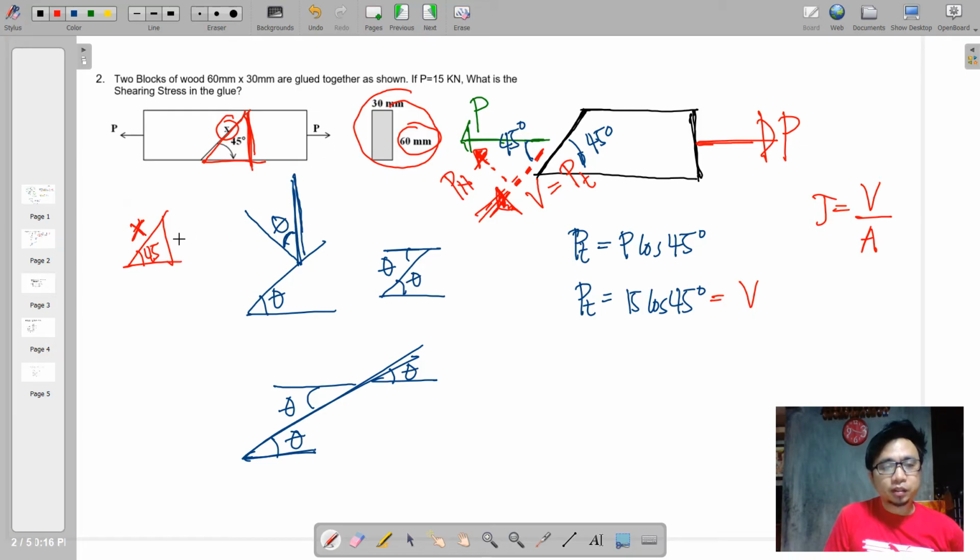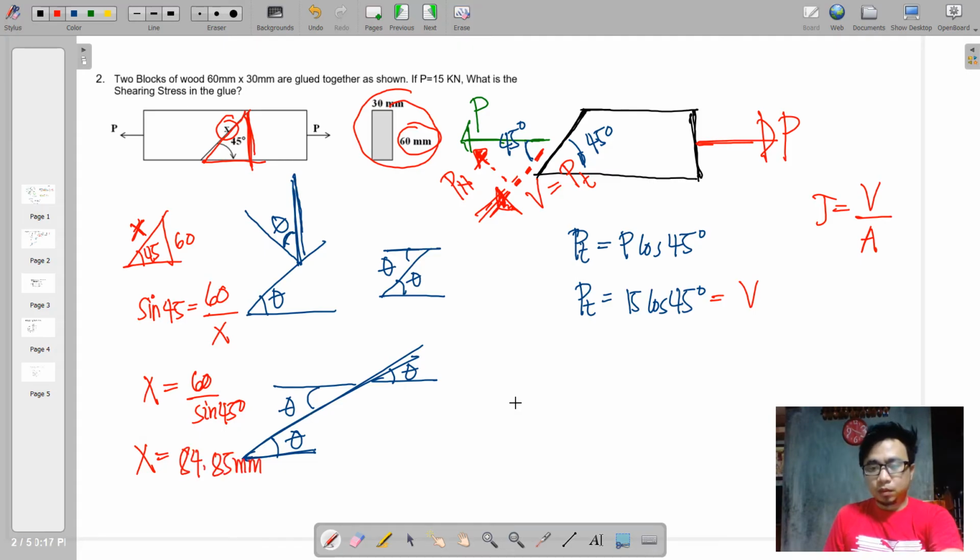So what is given here is the 60 millimeter width. So observing the available data here, we can now use the sine function of 45. Opposite is 60, hypotenuse is X. Therefore, X is equal to 60 over sine of 45 degrees. Hence, we can get the value of X to be equal to 84.85 millimeters.